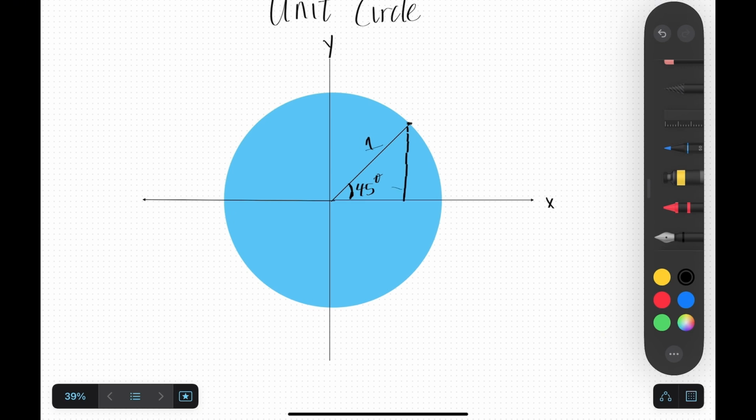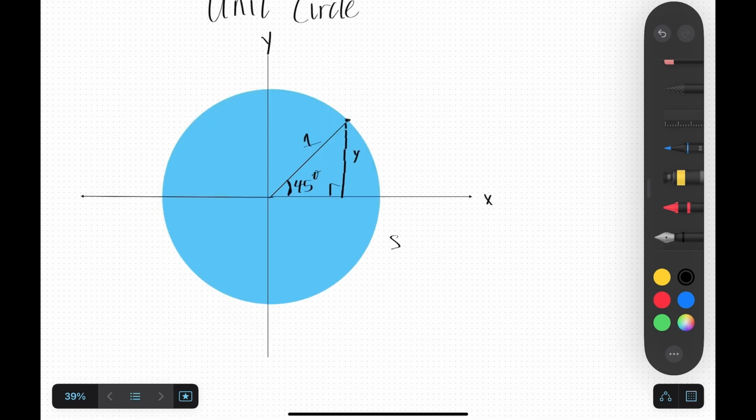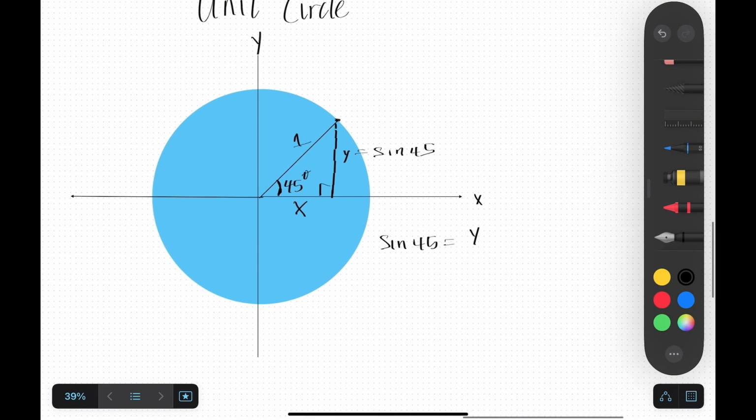If we create a triangle with our line, we see that the height of our triangle, also the y coordinate of the point on the circle, is equal to the sine of 45. Opposite, which is y, and hypotenuse, which is 1. Likewise, the x-coordinate of the point on the circle is the cosine of 45.